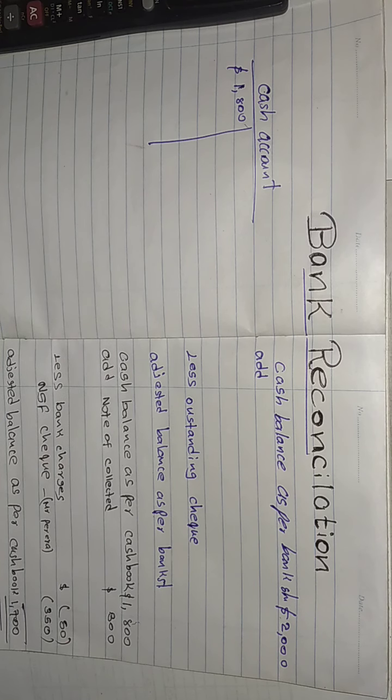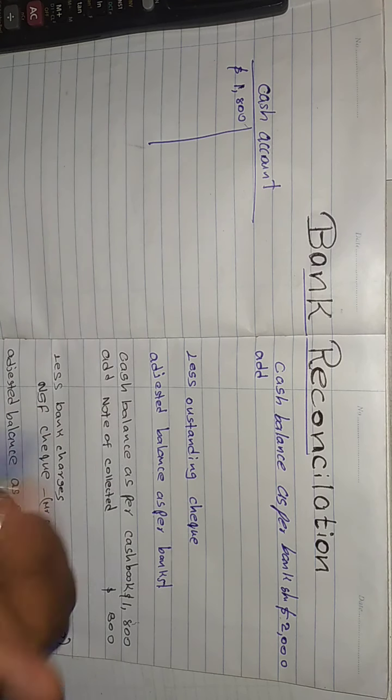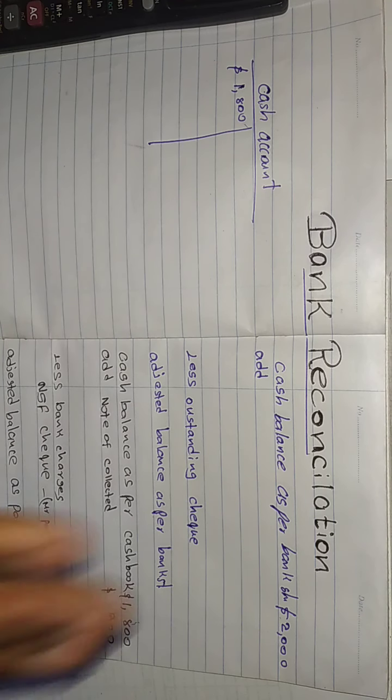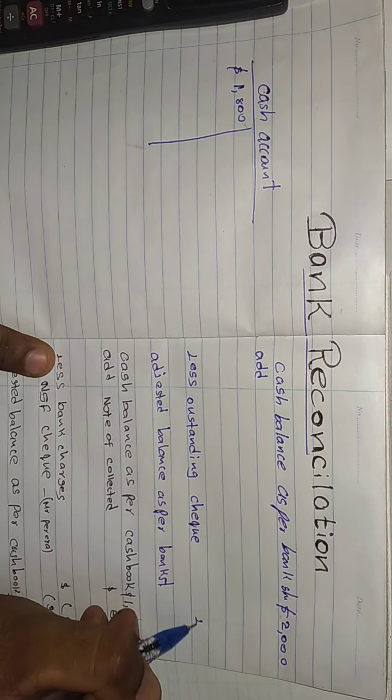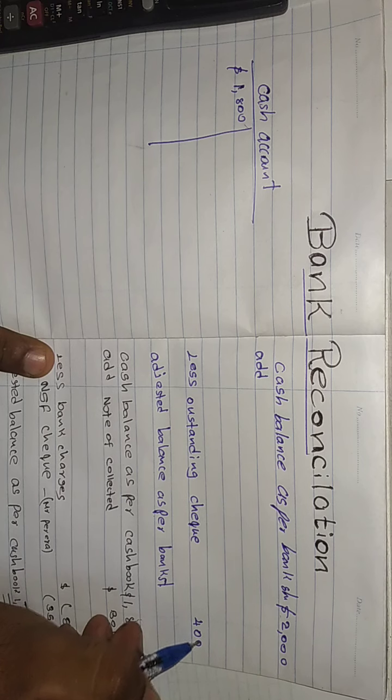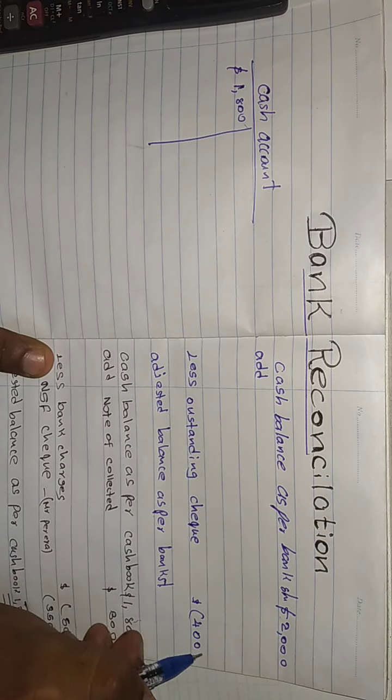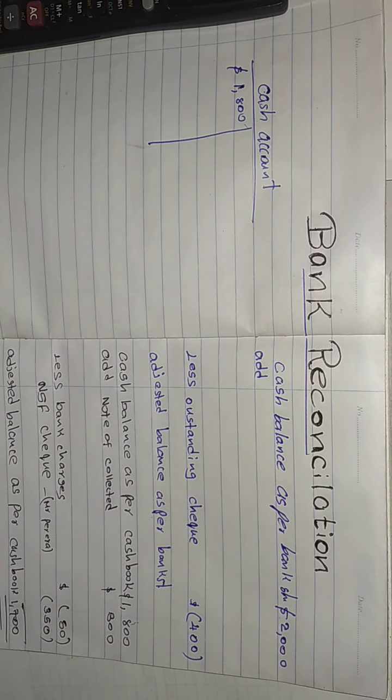We know we wrote them. We have already taken them out of our books, but they haven't cleared the bank, so we want to subtract those out of the bank statement balance. There's $400. We are going to subtract those out.